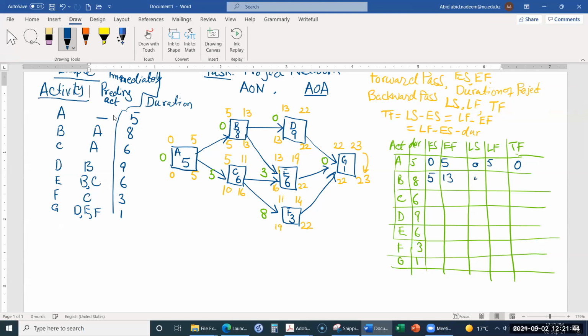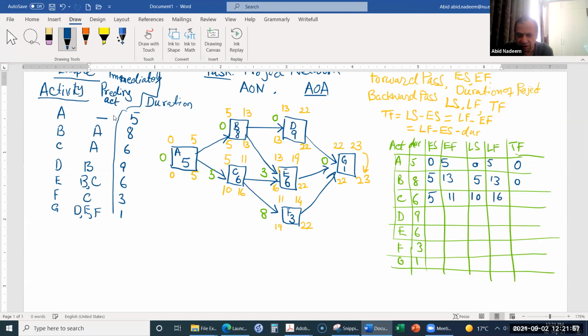Yes, 5, 13, 5, 13, and 0. And for activity C, you will fill 5, 11, 10, 16, and 10 minus 5 is 5, right? Yes, so total float will be 5. And similarly, you can fill all the other values.